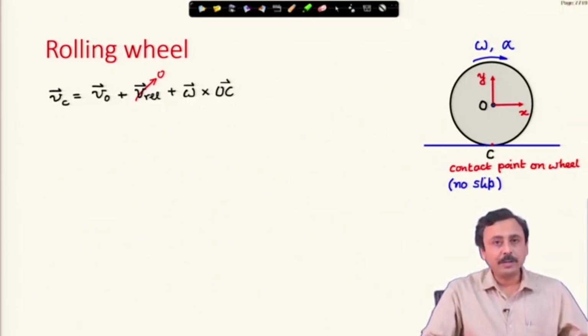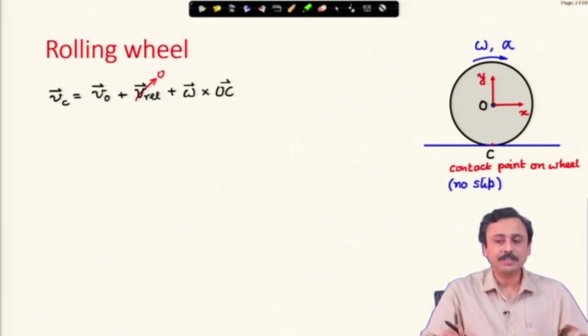Therefore, C is a point belonging to a rigid body, O is a point belonging to a rigid body, both are points on the same rigid body. Therefore, Vrel is 0, we have discussed this. But because the body is rotating, now you see I am representing in a non-rotating frame, but these expressions will remain omega cross OC, because that is the rate of change of that vector OC.